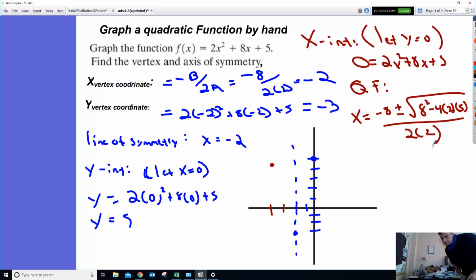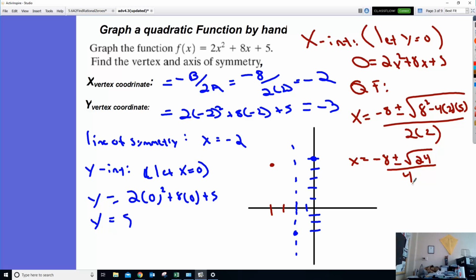Inside that radical, we got 64 minus 40, 24. So that wasn't something that was going to factor. It's not even going to be something that's pretty. It's going to be a decimal. And you could approximate the decimal if you wanted to. About all I would do is I'd clean that radical up and be done with it.